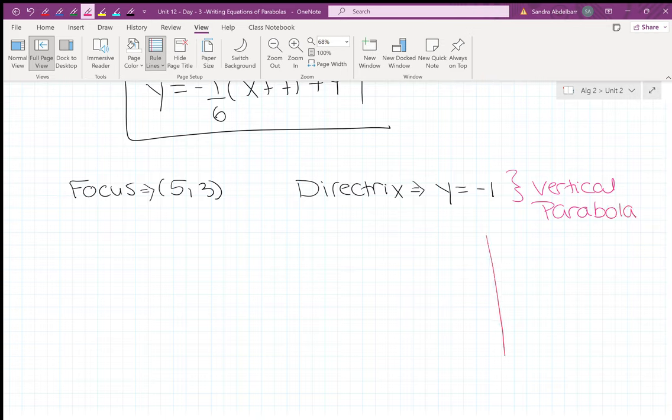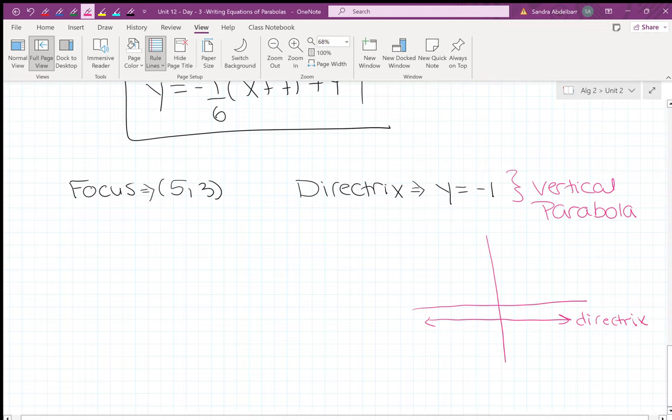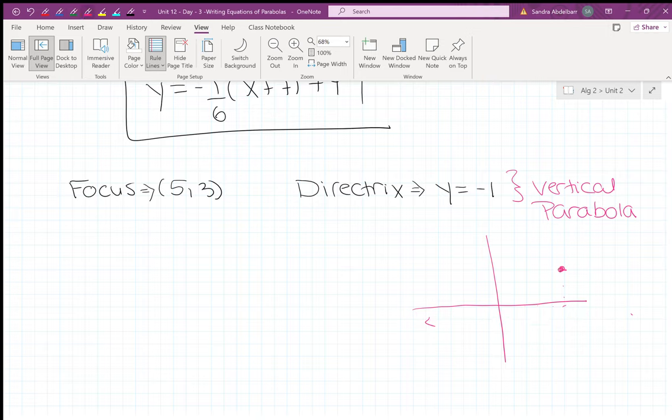Right, so if you want to visualize it, y equals -1. This is our directrix. Remember, every point is an equal distance from the focus and the directrix. It's always the same distance away.